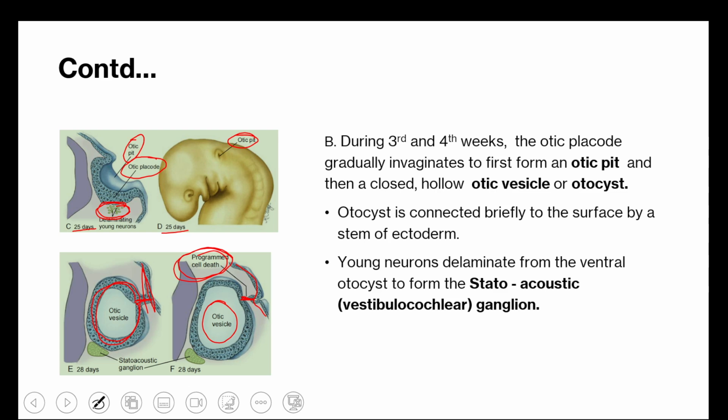Along with otic vesicle formation, there is delamination of the young neurons, forming the acoustic or vestibulocochlear ganglion side by side.